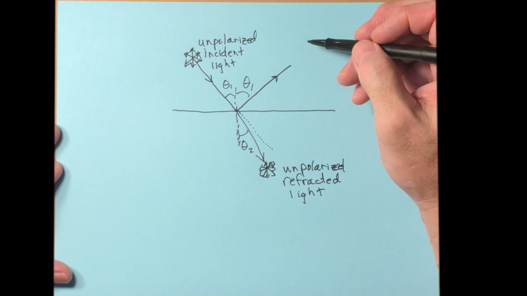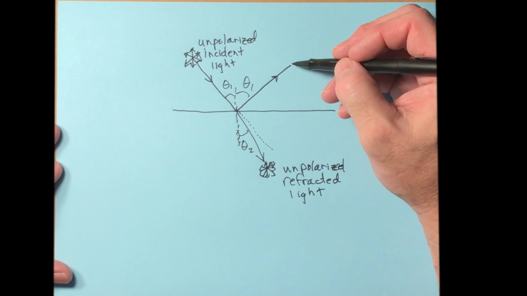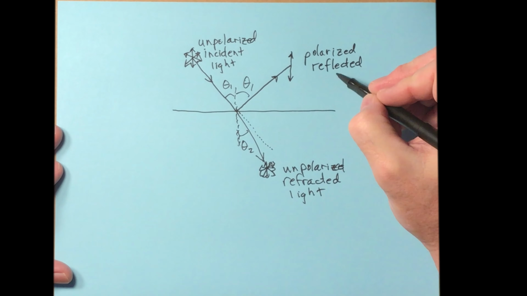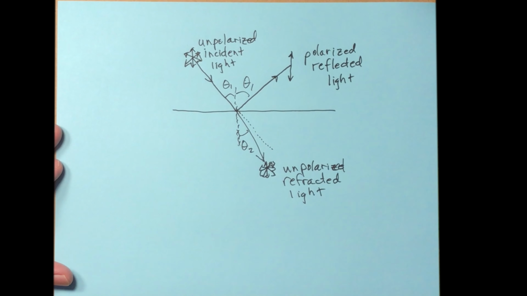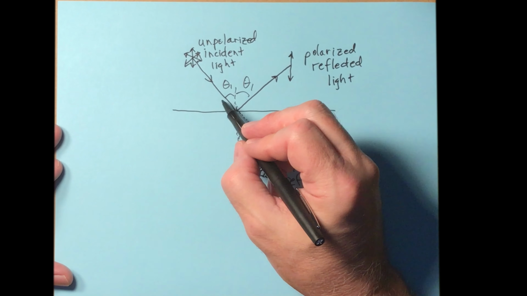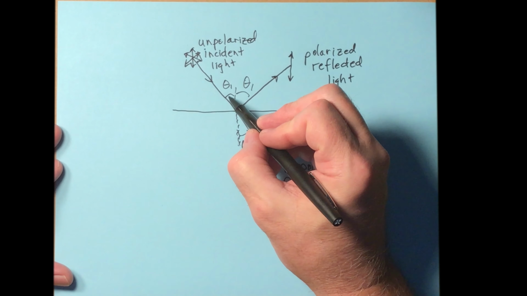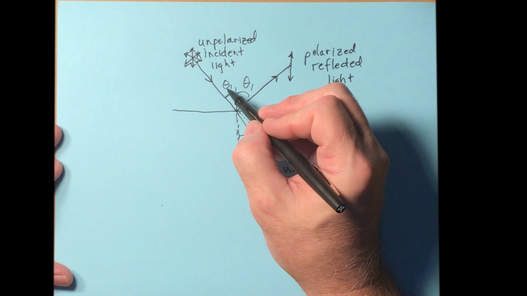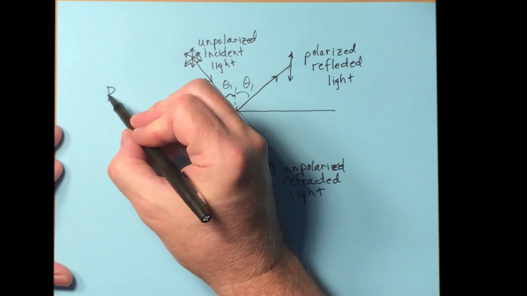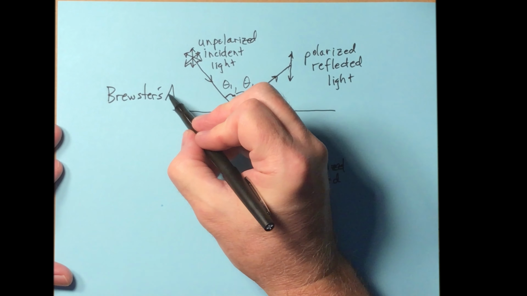But to some degree, this reflected light is polarized. Now, the degree to which the reflected light is polarized depends upon this angle right here. This angle for maximum polarization, that angle, theta 1, is called Brewster's angle.